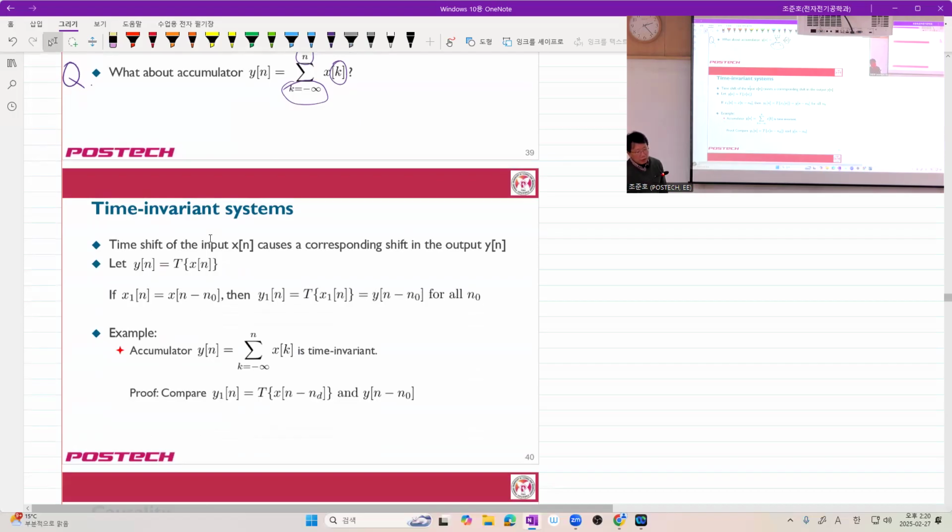It's not that difficult. Now here comes the second important definition. Of course, a DT system is time invariant if blah, blah, blah. So this is the precise statement to define a discrete time system. And what is time invariance? Of course, time invariance can be defined in many different ways, which are mathematically the same, but we want to have a very simple motivation.